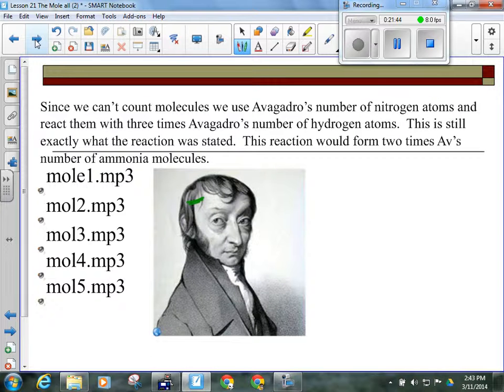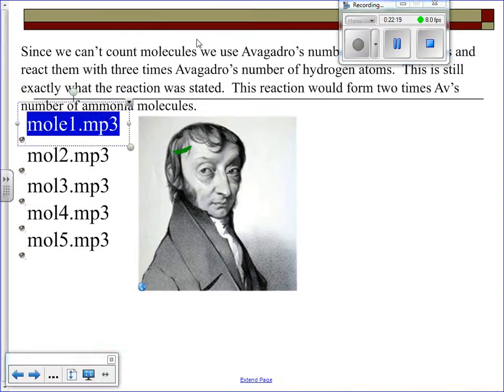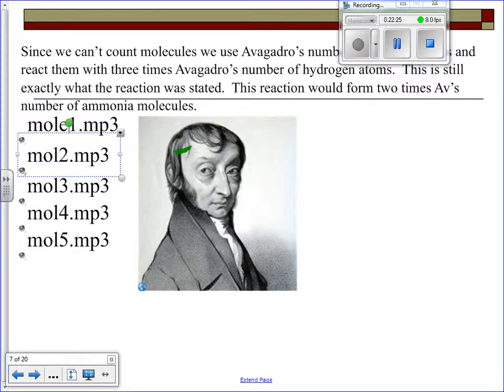This is Avogadro. He does look like a mole. Like he's got these big eyes and this gigantic forehead. Yes, but he didn't name his unit the bug. He's a strange looking fellow. How many people like Austin Powers? I think he's hilarious. Oh, come on. It's not going to play. I've got to be on presentation mode here. There we go. Nope. Not going to play.